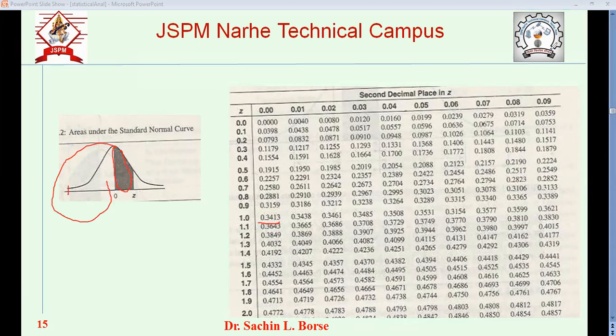If you take from the left, then we have to add the 50%. So we will use our table where we take from the left.